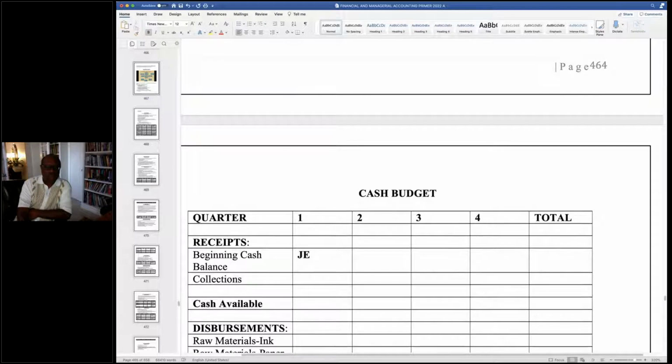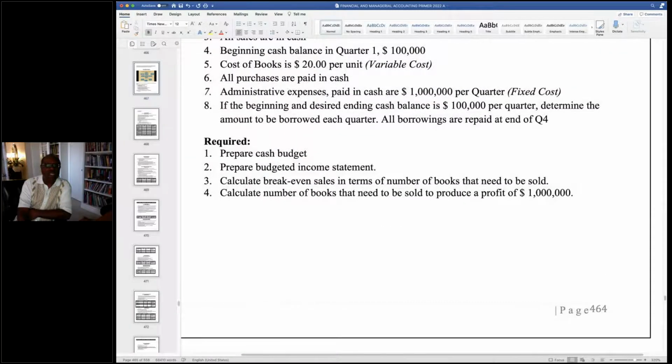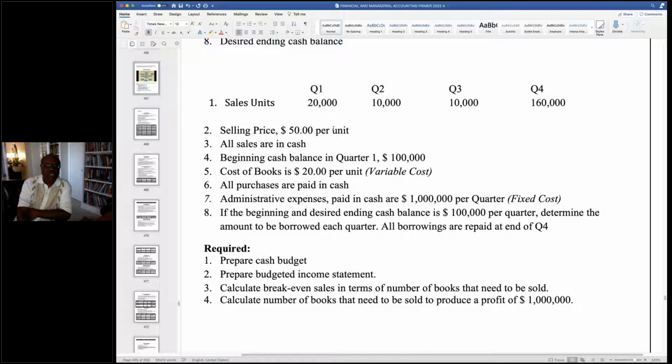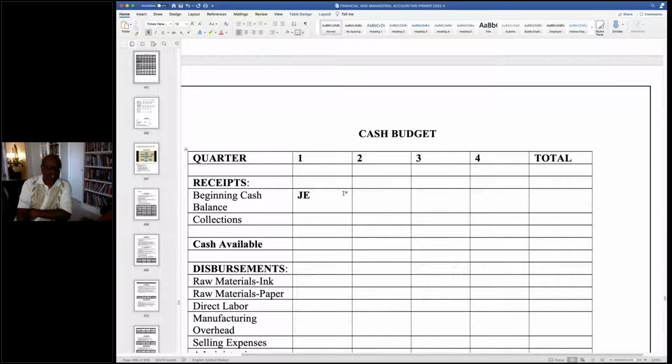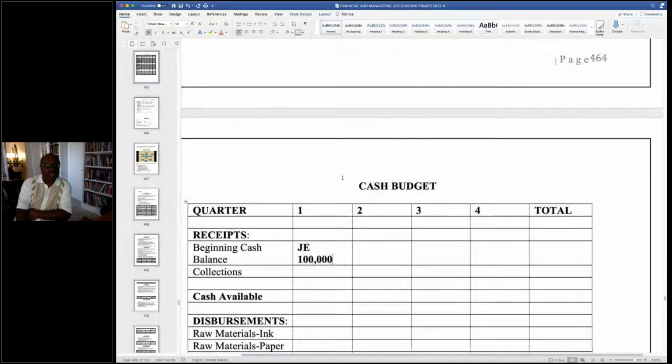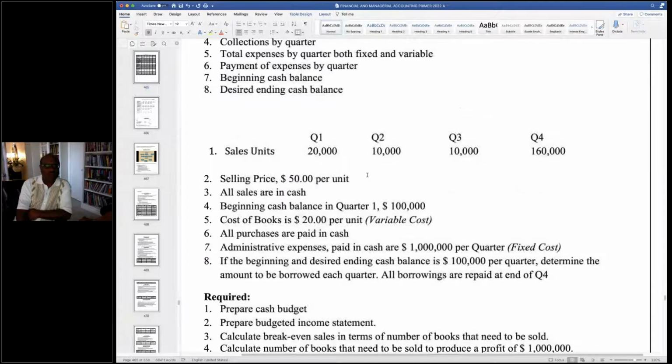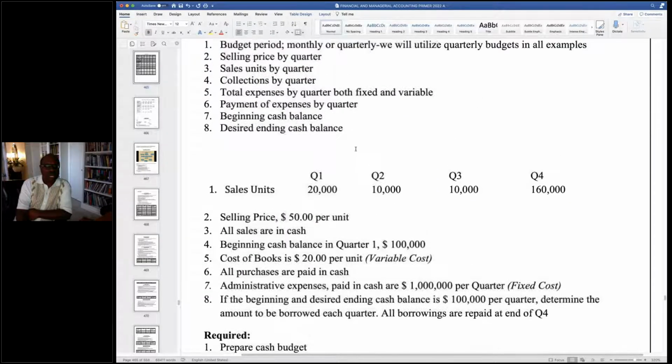In terms of receipts, we sell the units at $50 per unit. In the first quarter, we're selling 20,000 units, and our beginning cash is $100,000. So we have all cash sales.